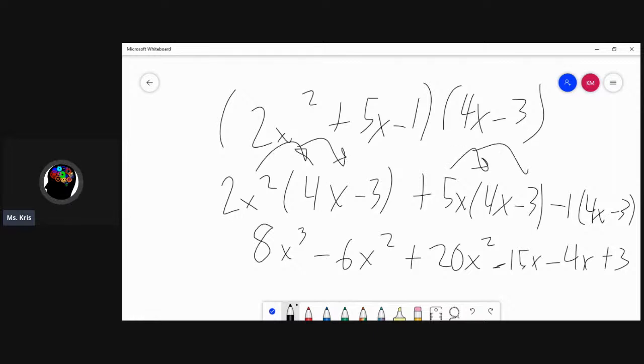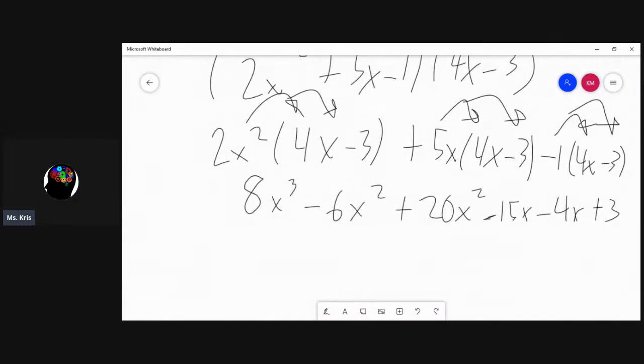Distribute, distribute, distribute. And this allows me to further combine my like terms.